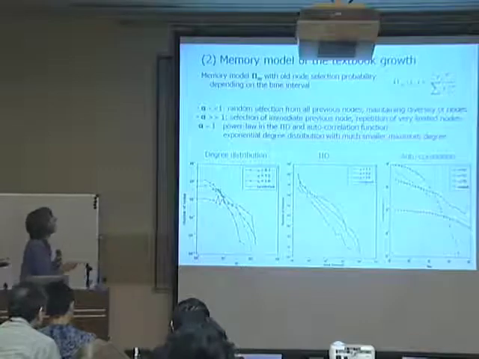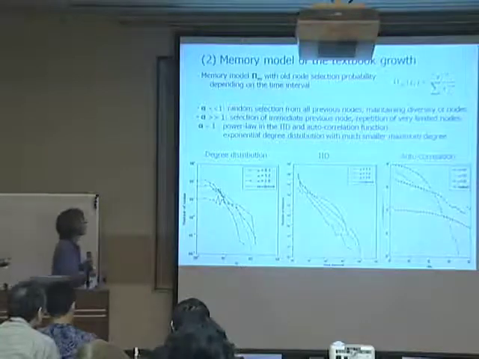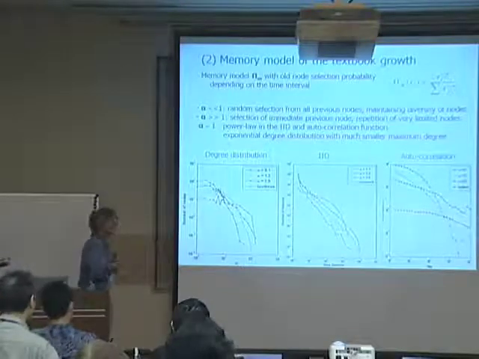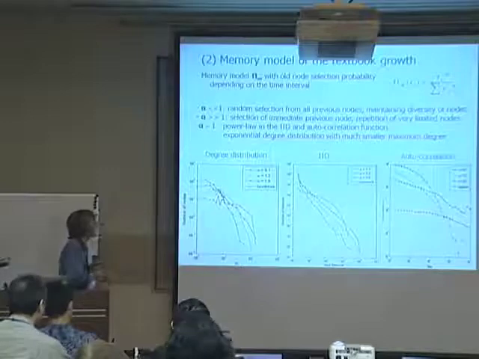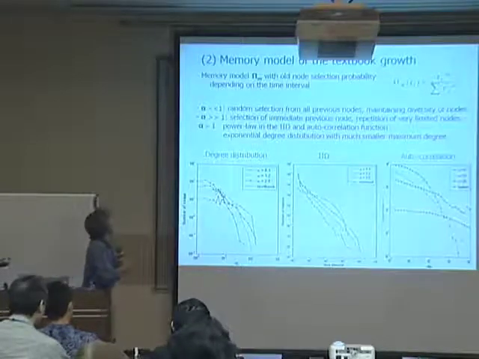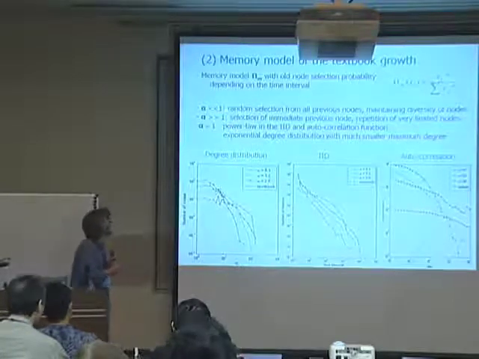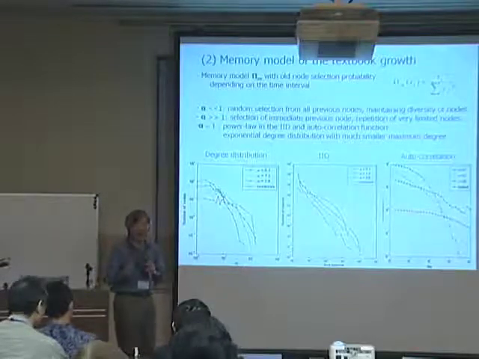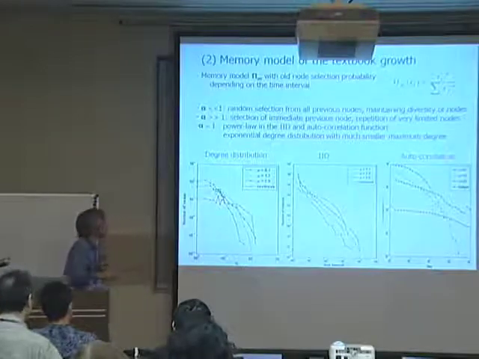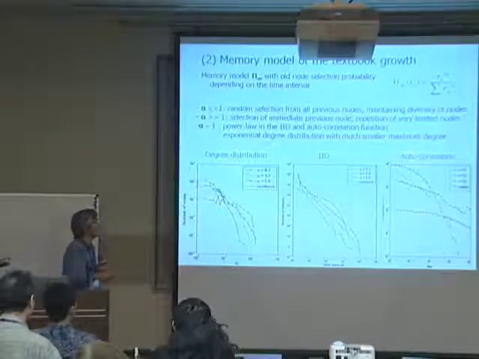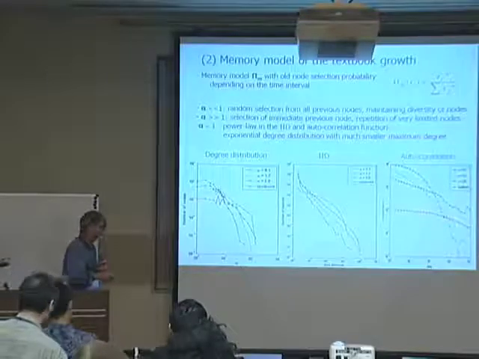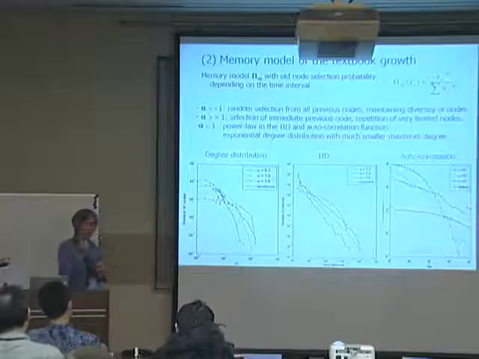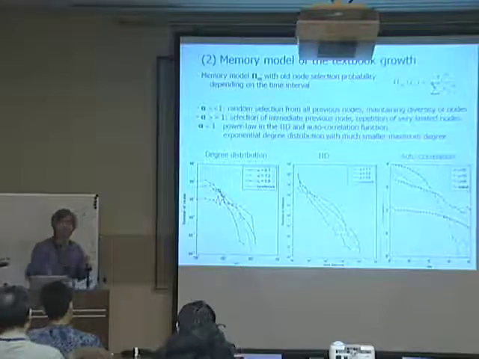When alpha is small, it is random, very like the previous case with beta very small. When alpha is very high, we have a strong bias for the most recent one. In that case, for short time intervals we have a very high time correlation, but for long times the correlation decreases very rapidly. So it shows exponential behavior. Why?